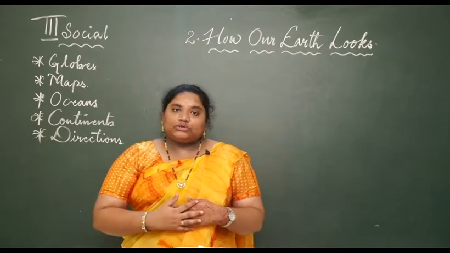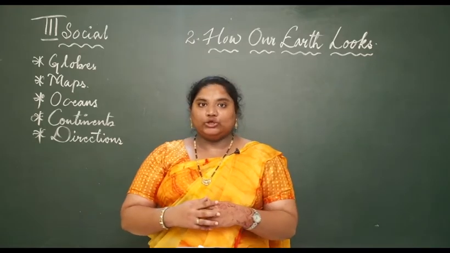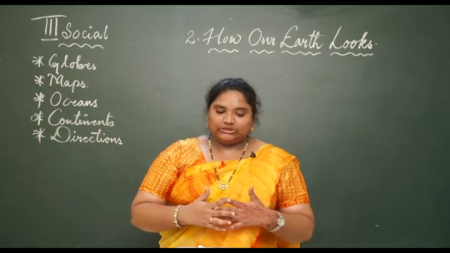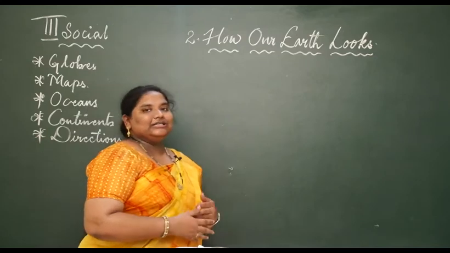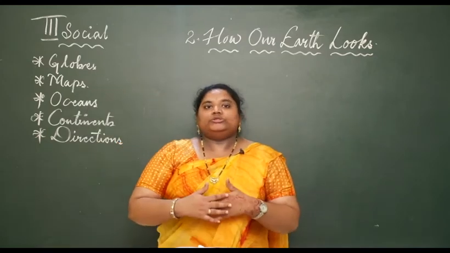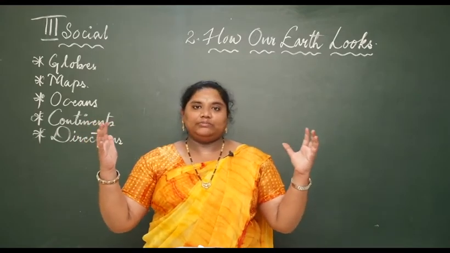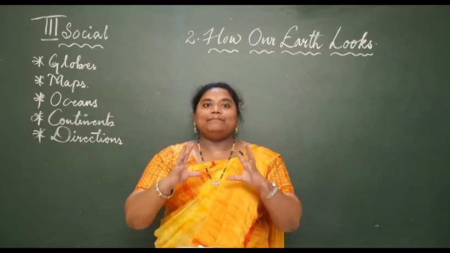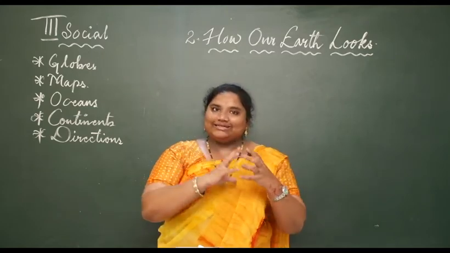So today we are going to learn how the Earth looks, and what all we have on the planet Earth. Our lesson name is How Our Earth Looks. As you all know, Earth is a very big heavenly body. So what the people did, they made a model of Earth which is the same as Earth.